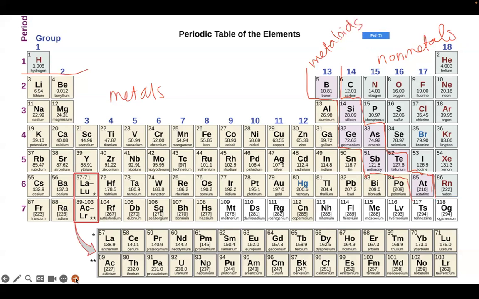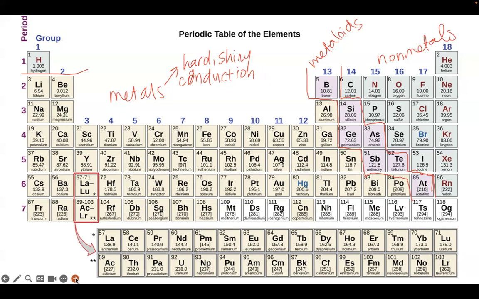All right, so metals tend to take on the property of being hard and shiny. They're good conductors of heat. Conduction, they conduct heat, electricity.